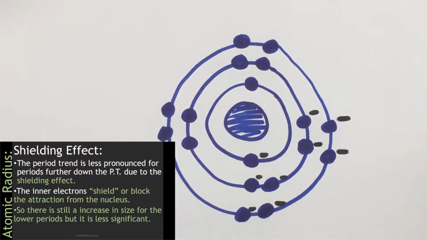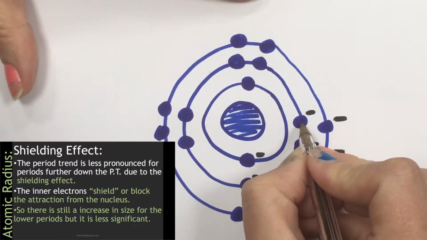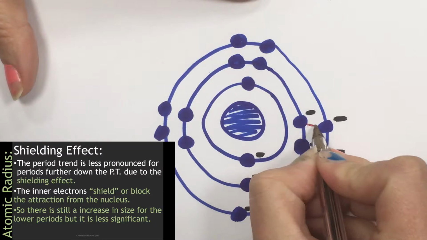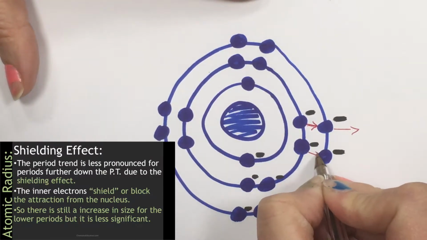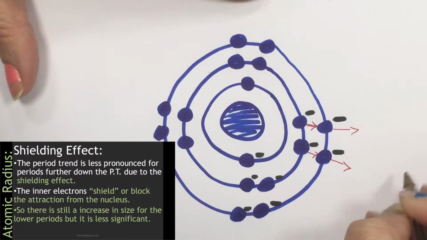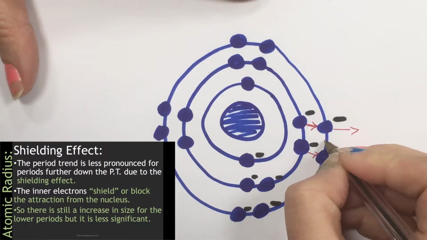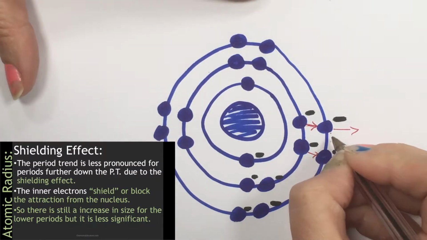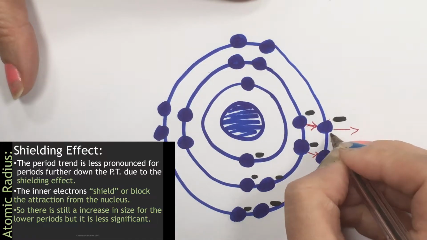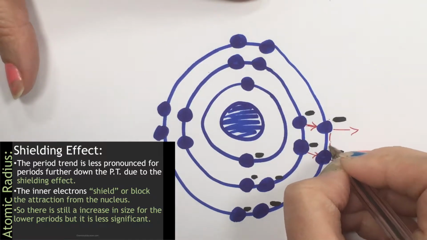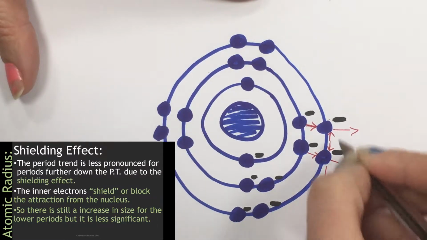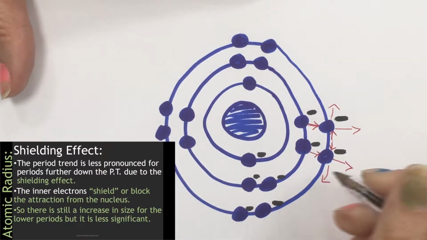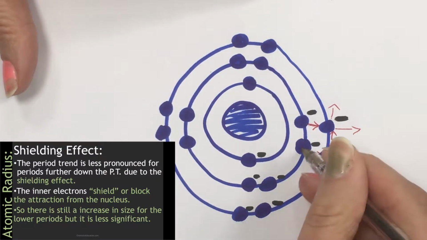So what will happen is this electron will repel this electron to push it out this way. And same with this one, it'll push it out this way. And then this one repels these two, so these two are actually going to be pushed out that way. So all of these forces are acting on each other.